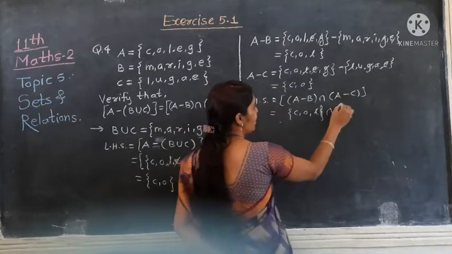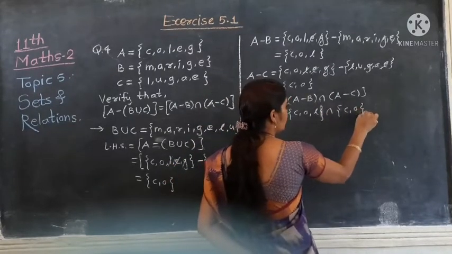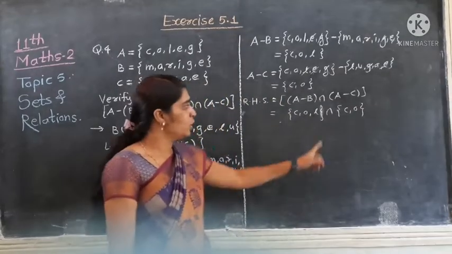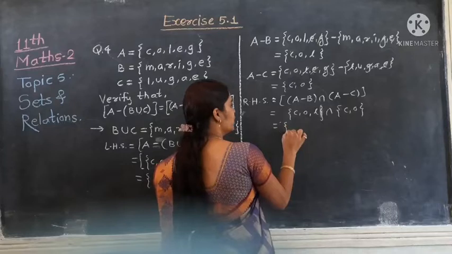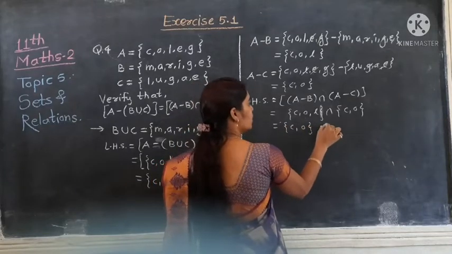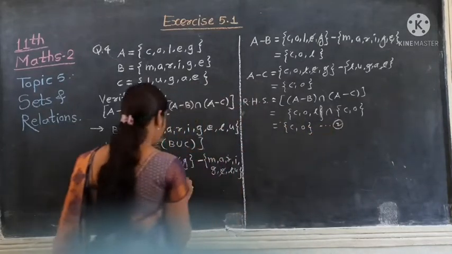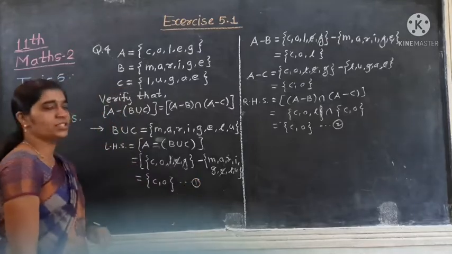Intersection. What is A minus C? C, O. Intersection means common element. Which are the common elements in both? C and O. You call this equation 2 and this is equation number 1.